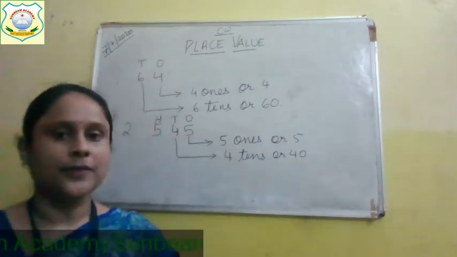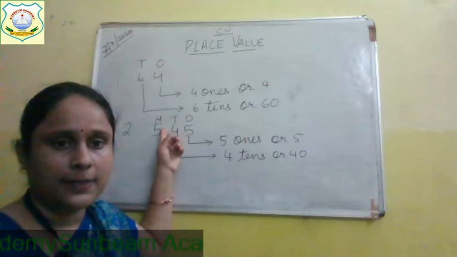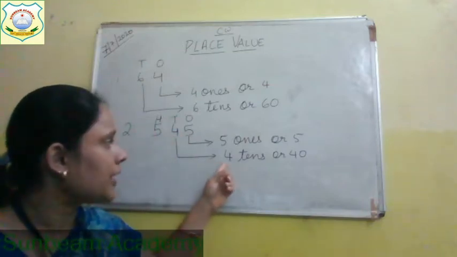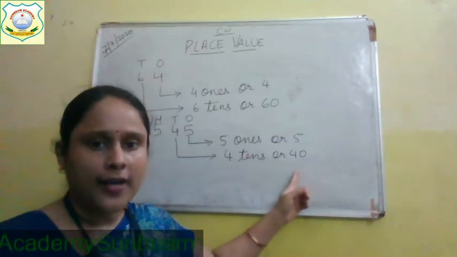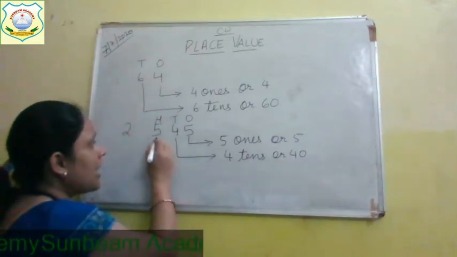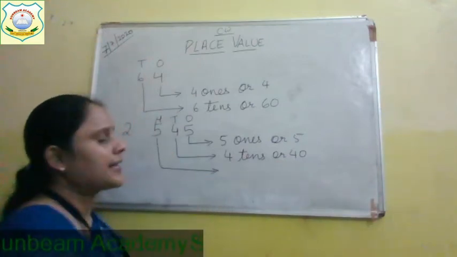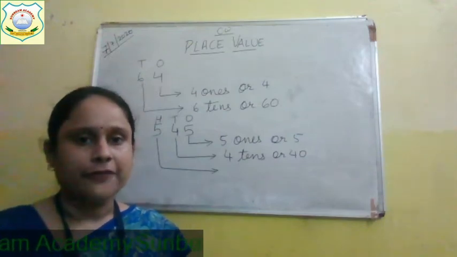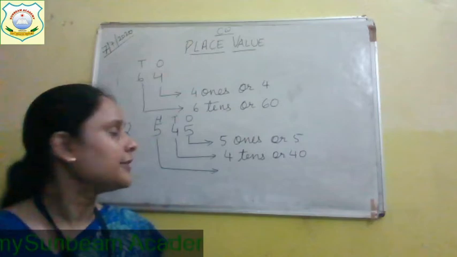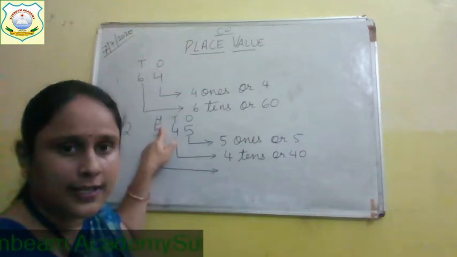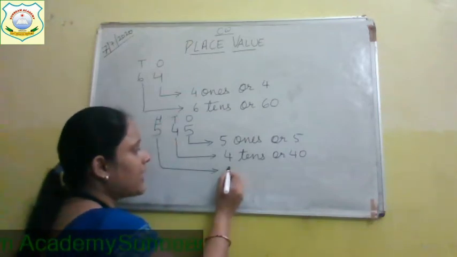Okay? 4 is at tens place, so place value of 4 is 4 tens or 40. Now, come to our next number. Our next number is 5. 5 is at hundreds place. So, what is the place value of 5?